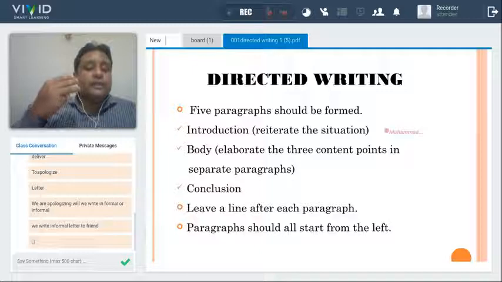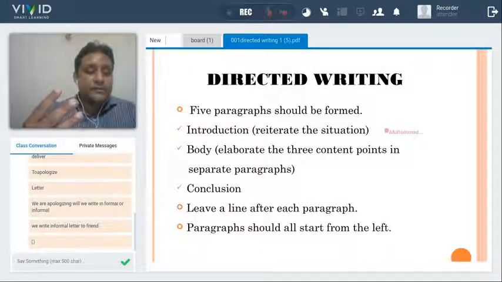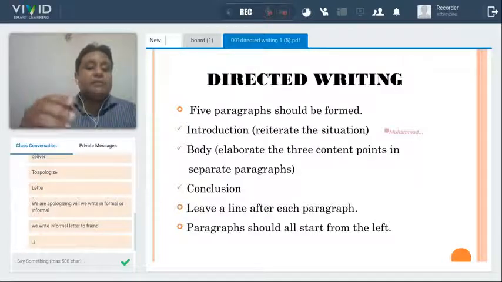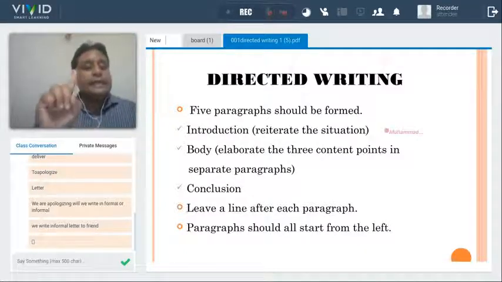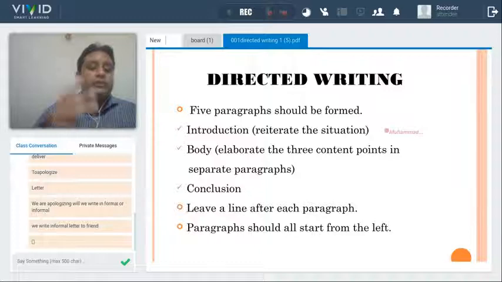Those 3 content points will be developed into 3 separate paragraphs. Each content point will be developed into detail in one whole paragraph. You will discuss one content point in detail in one paragraph. So three content points make up three distinct paragraphs.